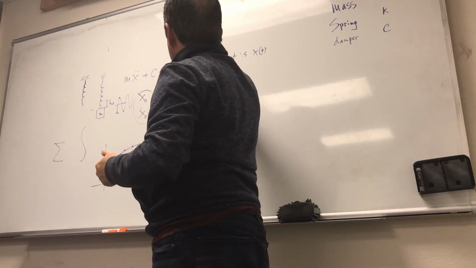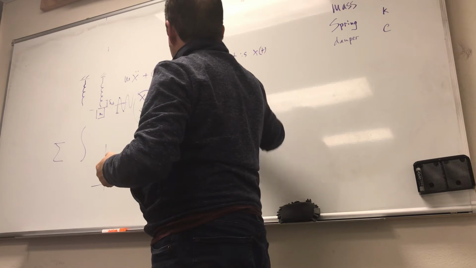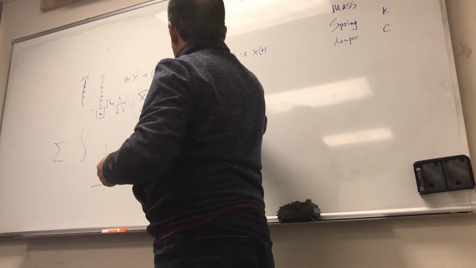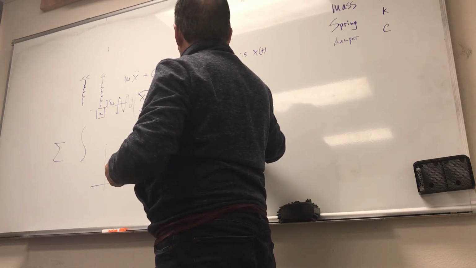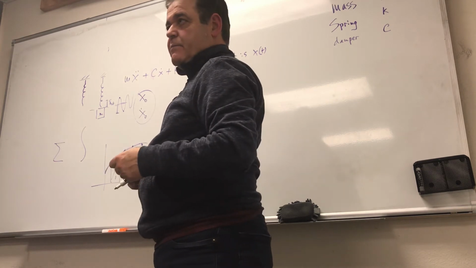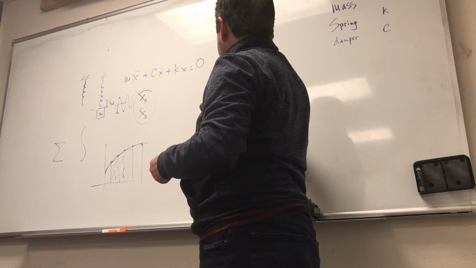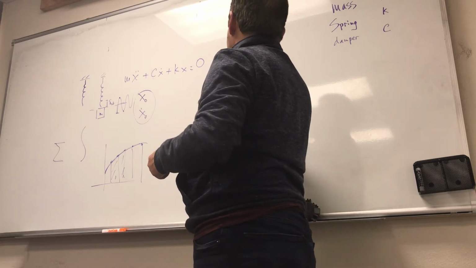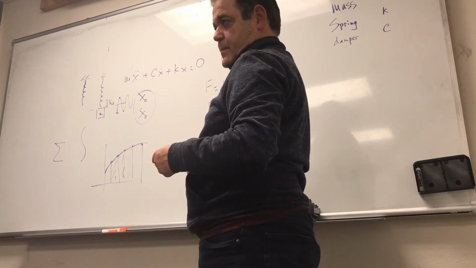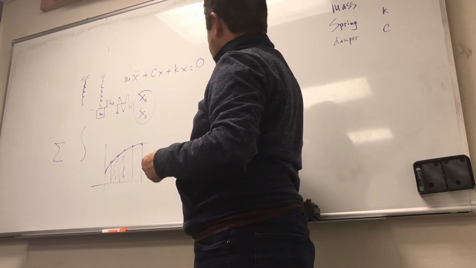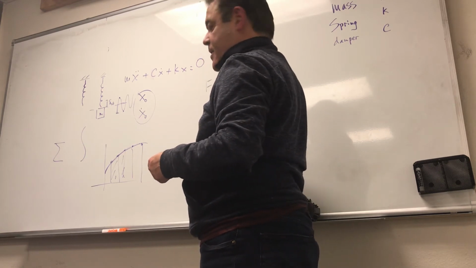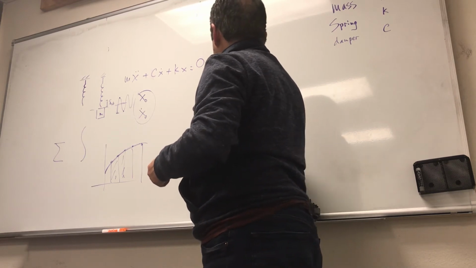F equals kx. So if you plot the force versus deflection, you typically get a straight line, okay? Because after a certain deflection, sometimes you get things that go like this. We don't do that, or something that goes like that. We only do this, okay?